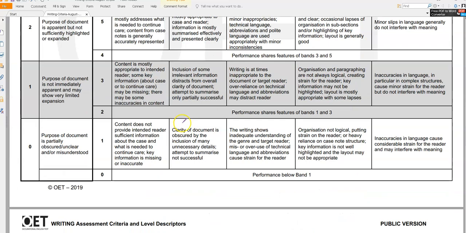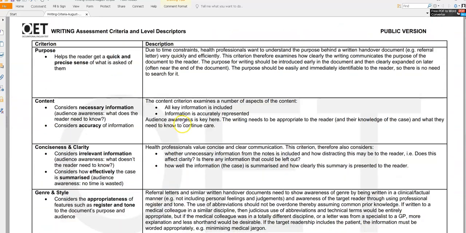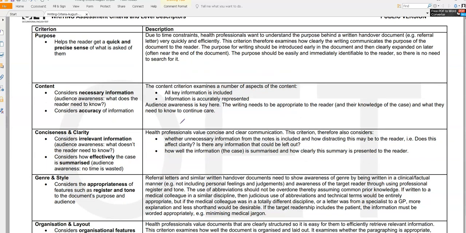While that writing style may be good in other genres or types of text or context, for this purpose, if you look at all the samples on the OET official site, you'll see they're pretty sparse in terms of how effectively the case is summarized.